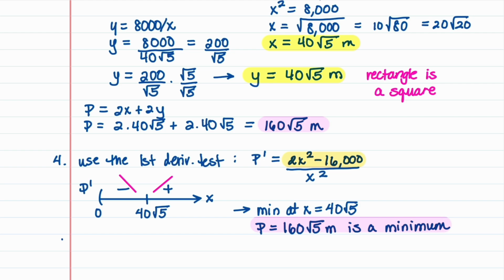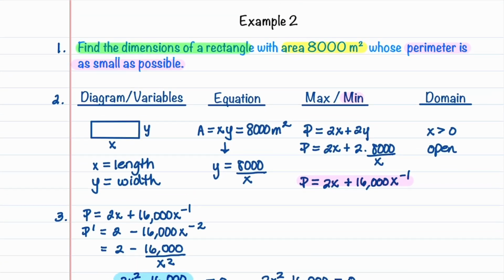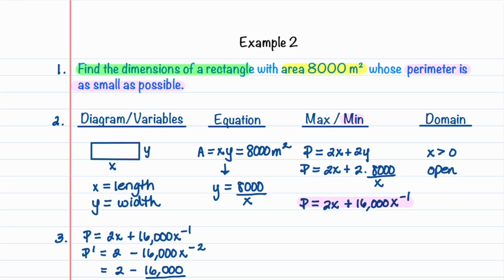Now we're almost done. Our fifth step is to reread the problem and carefully state our final answer in a complete sentence. Let's go back up to the top. Our problem says that we are to find the dimensions of the rectangle, and our dimensions are length and width.